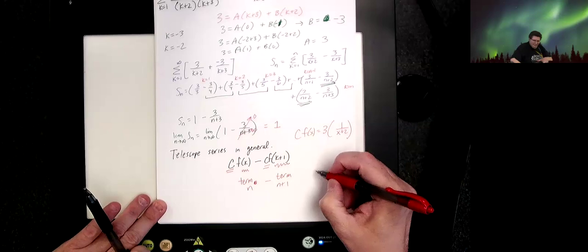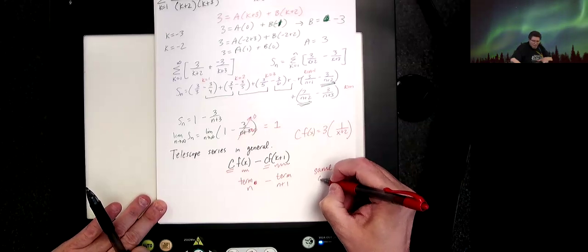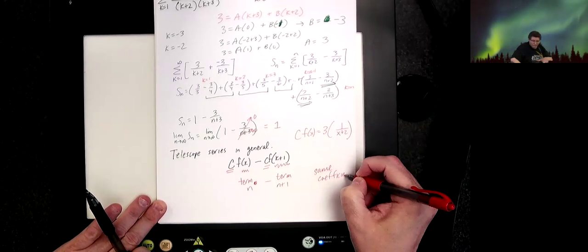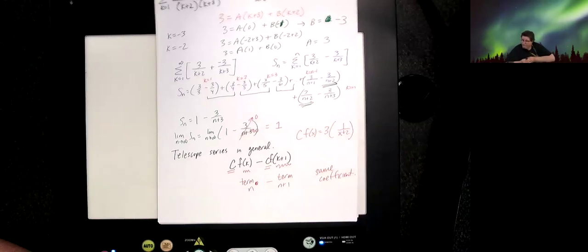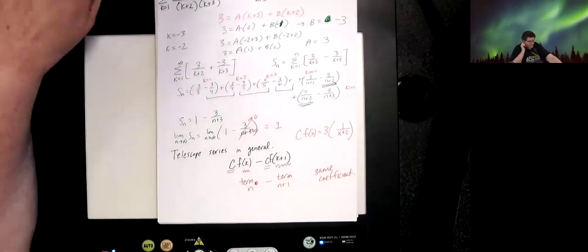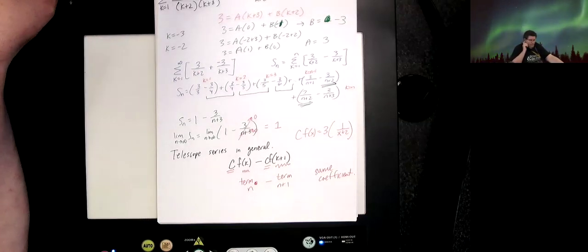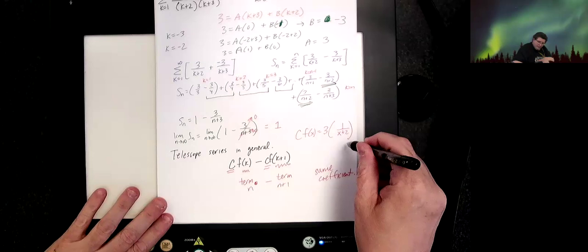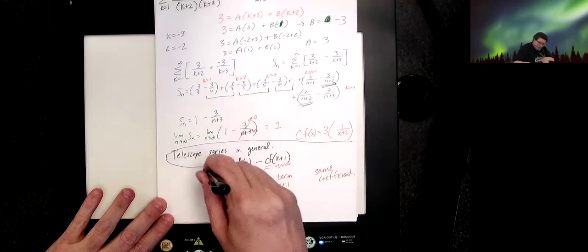And they have to have the same coefficient. Otherwise, it won't cancel. That's telescoping series in general.